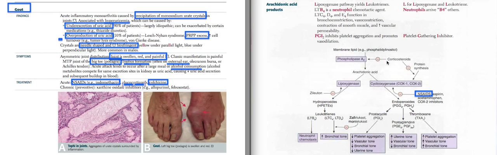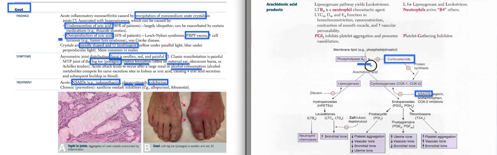Okay, so we see here that corticosteroids are actually listed further up the chain of the arachidonic acid pathway. So if we inhibit phospholipase A2 with corticosteroids, we're actually stopping this pathway sooner than would otherwise be the case. Not only would you inhibit the right side of this pathway with cyclooxygenase, but you would also decrease leukotrienes, and that includes neutrophil chemotaxis, which can also contribute to your inflammatory response.